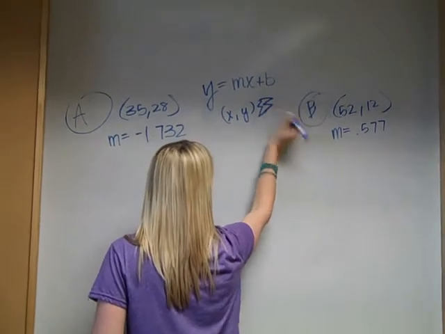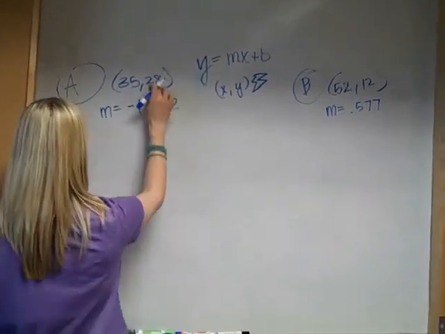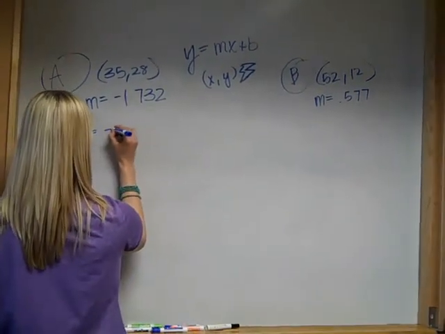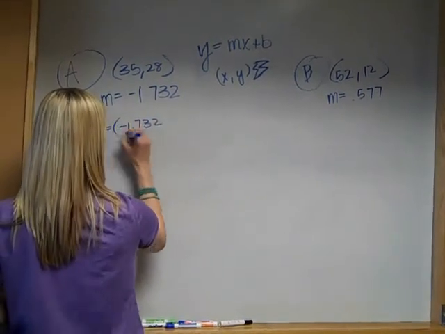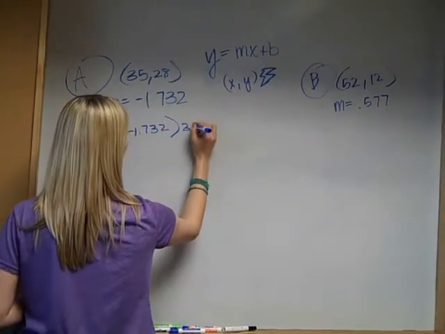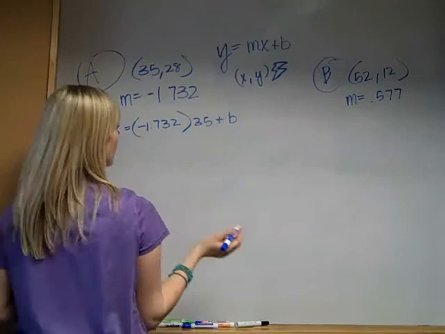For station A, y is 28, so 28 equals negative 1.732 times x, which is 35, plus b, which we have no idea what b is.